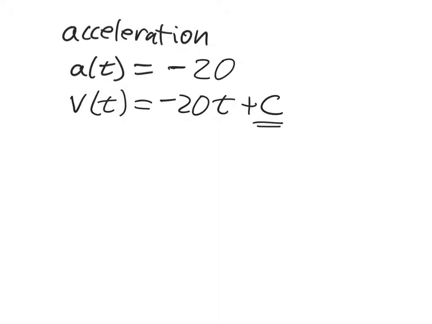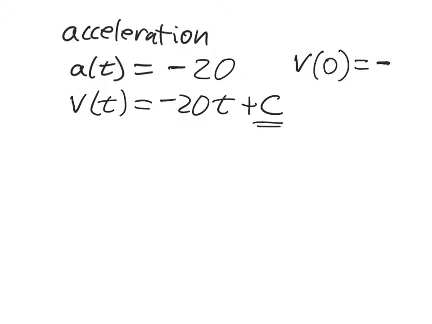Let's take for instance an object going through the air vertically, falling through the air. If it is thrown down at a rate of 10 meters per second, v of 0 would be what then? Negative 10.